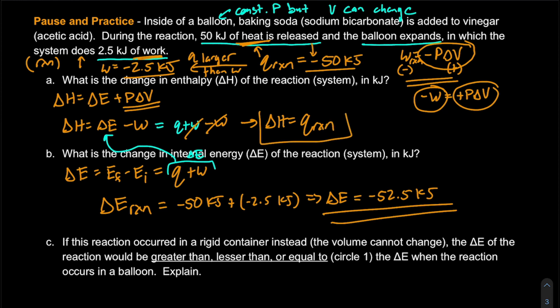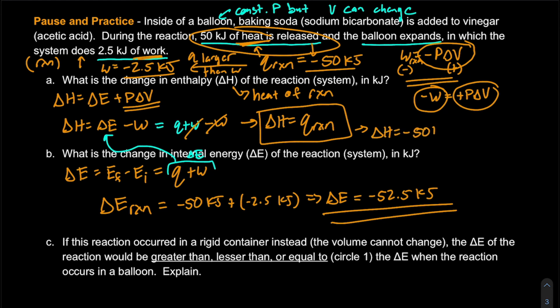This is one big important aspect that we'll notice when looking at a reaction. A lot of times when we say the change in enthalpy, we also call it the heat of the reaction, because it's the amount of heat released or absorbed when a reaction is occurring. So we don't have to do any math here, and we can say our delta H is negative 50 kilojoules. That was equal to our heat of the reaction.